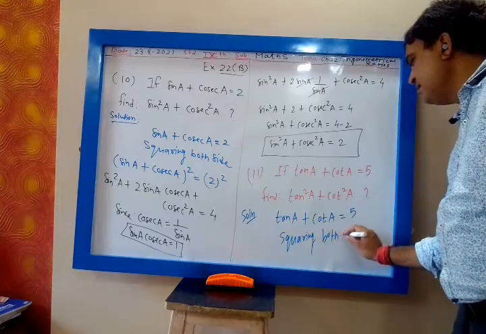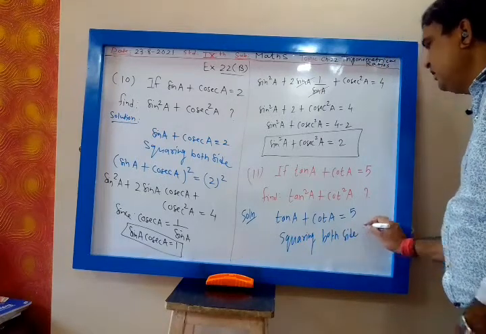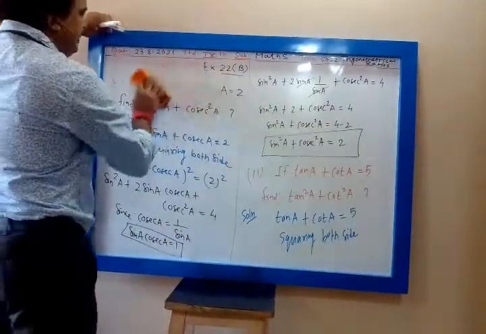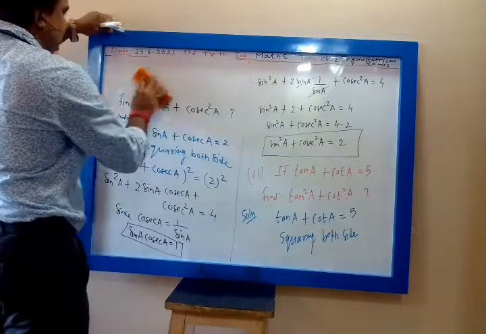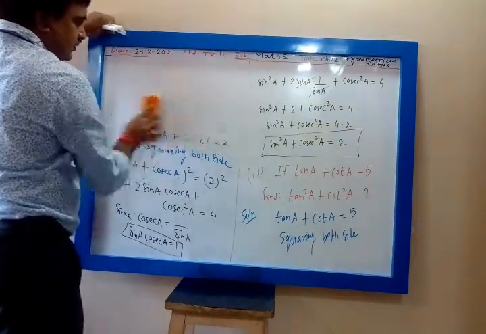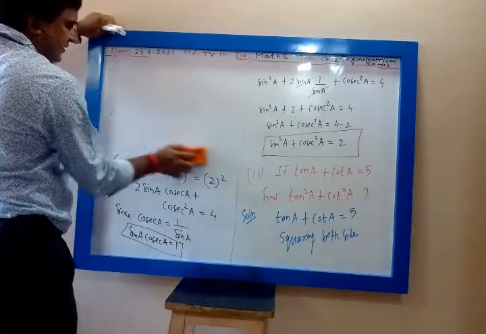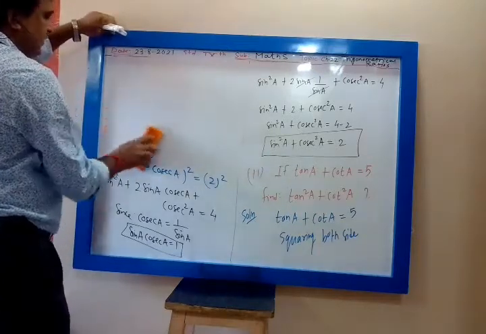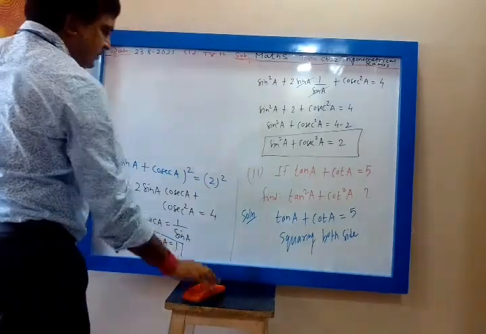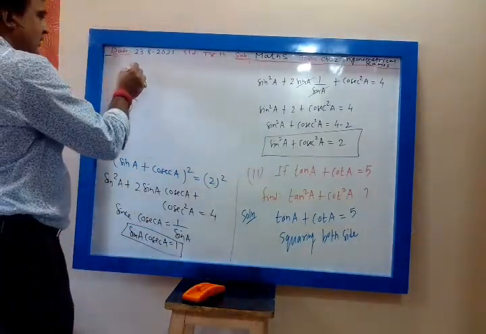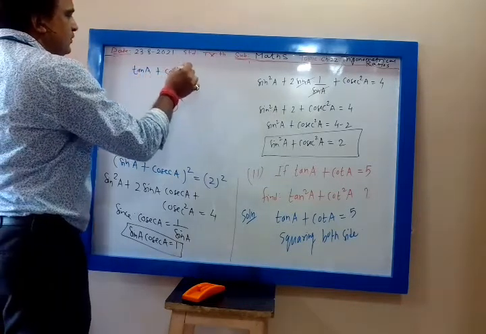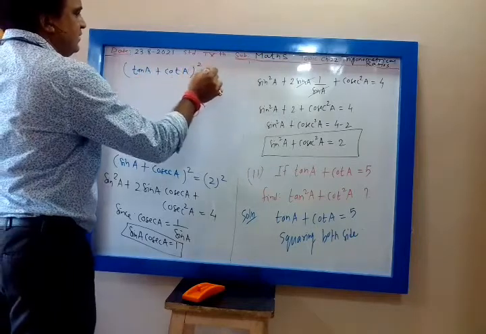You will get (tan A plus cot A) whole square is equal to 5 square.